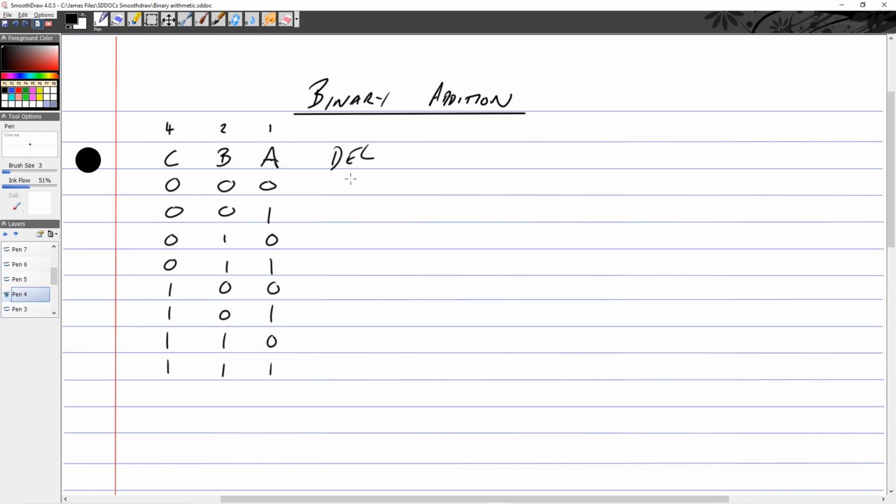So all the zeros in decimal is worth 0, 1 unit, that's 1, 2, that's a 2 and a 1, that's a 4, that's a 4 and a 1, that's a 4 and a 2, and 4, 2 and 1. So these are the base 2 numbers, these are the base 10 equivalents.